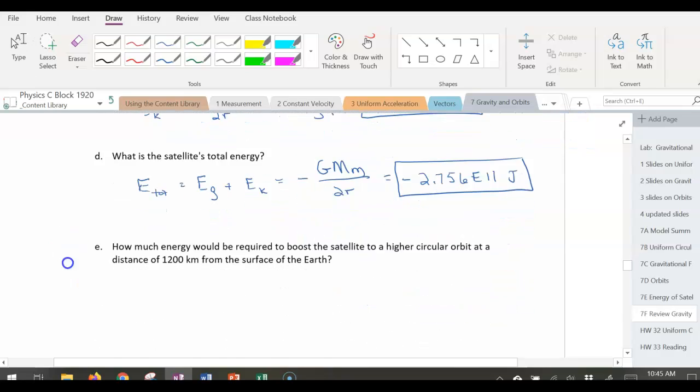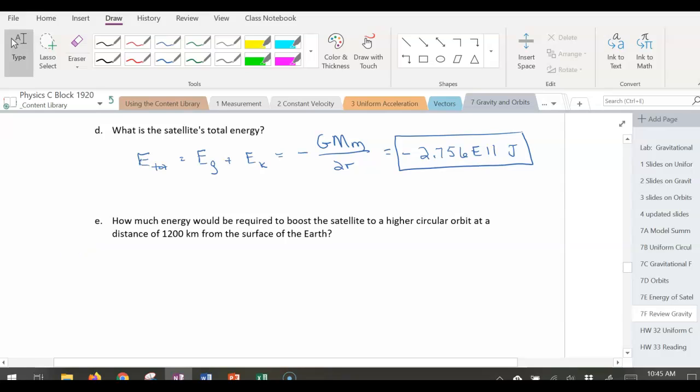Then, part E, we're looking at how much energy it would take to move this satellite to a different, higher circular orbit. The initial orbital radius was 7,080,000 meters.